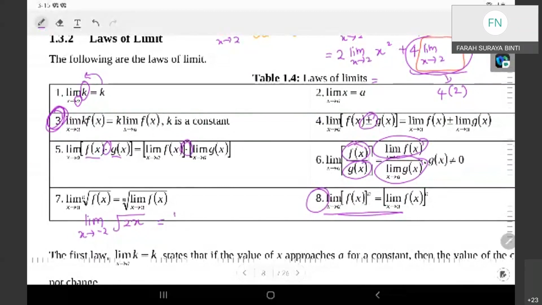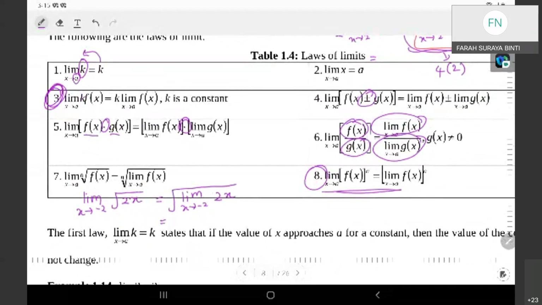So kita boleh jadikan dia macam ni. Limit x approach negative 2, square root of 2x. According to law number 7 ni lah. Lepas tu nak selesaikan macam mana? Kita selesaikan limit dalam tu dulu. Limit x approach negative 2 for 2x.